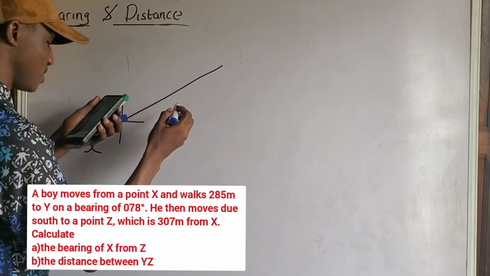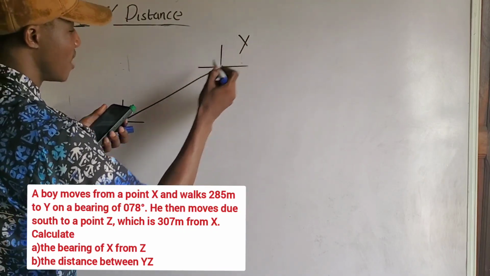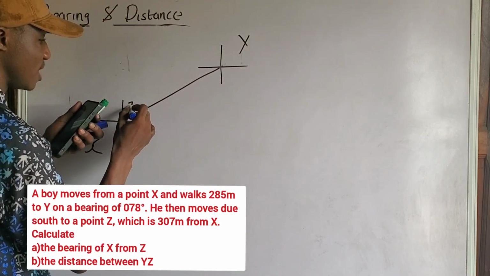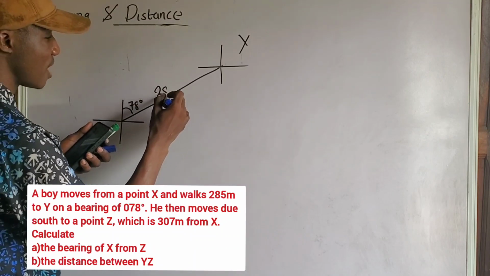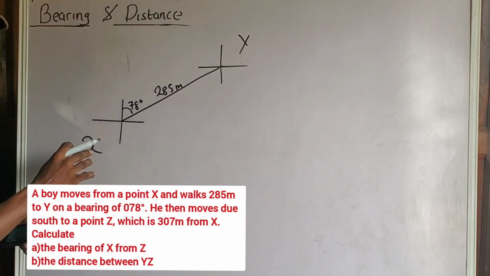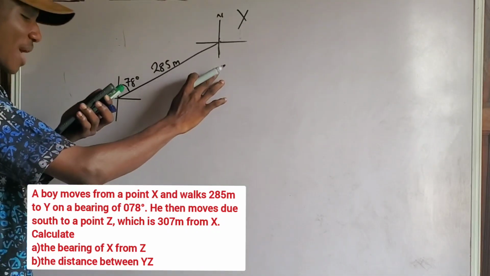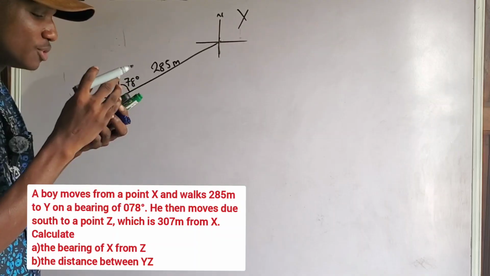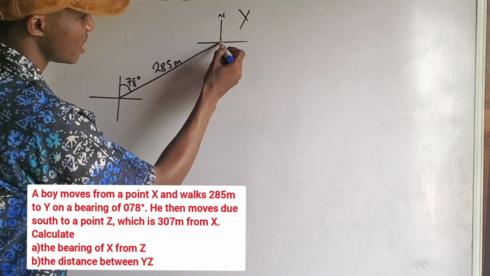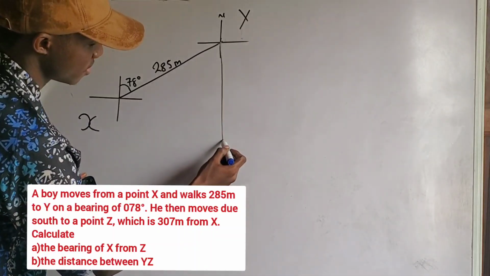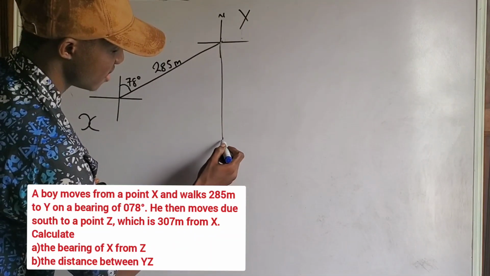So we're going to have Y around this side, and the distance is 285 meters. Okay, you can see the diagram. Now when the boy got to point Y, he then moved due south to a point Z. Let's call this one Z.